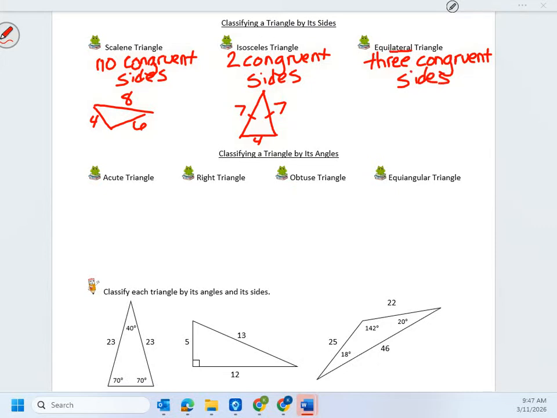Lateral means side. Okay, that is going to be different than the equal angular. Equal means equal, right? Equilateral, we're looking at our sides. All three sides have the same measurement.